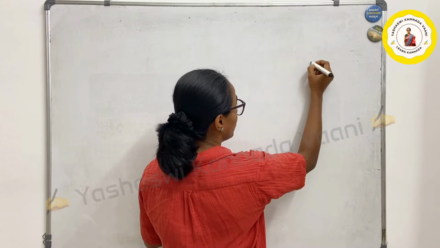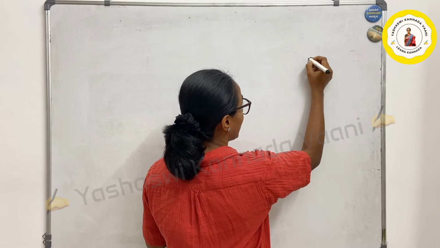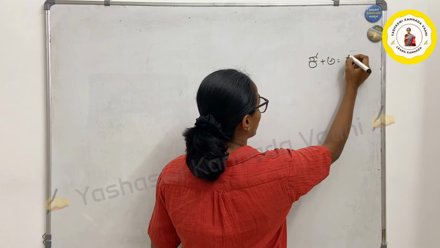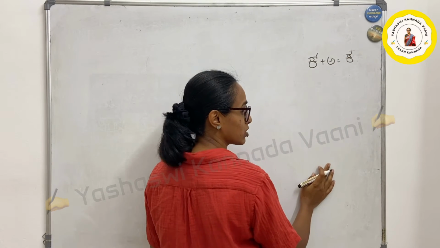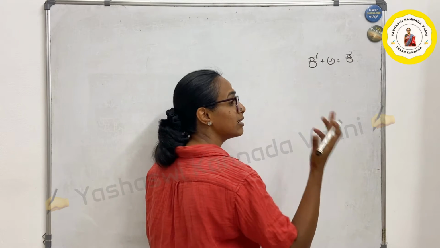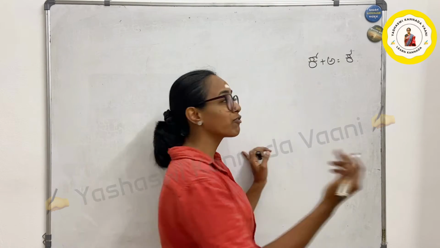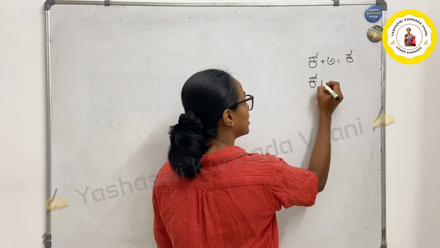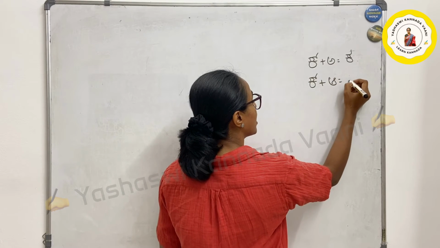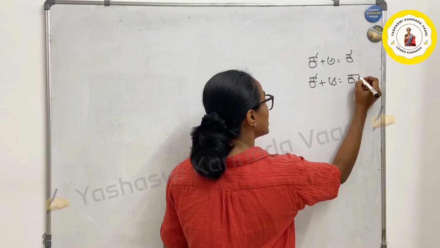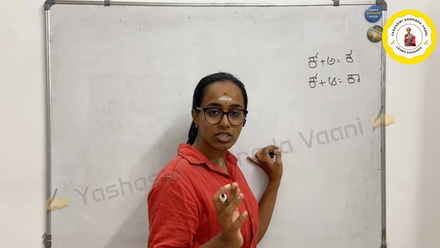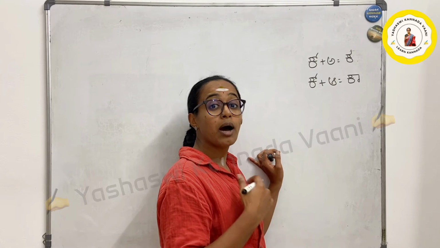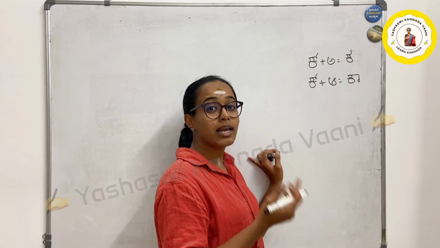Now I already know that if I combine a half letter with the first vowel, I get the sound of a complete consonant, anything from ka to la. Similarly, if I combine k with the next vowel, I get the aa sound for all the consonants like ka, cha, ta, pa, ya, ra.